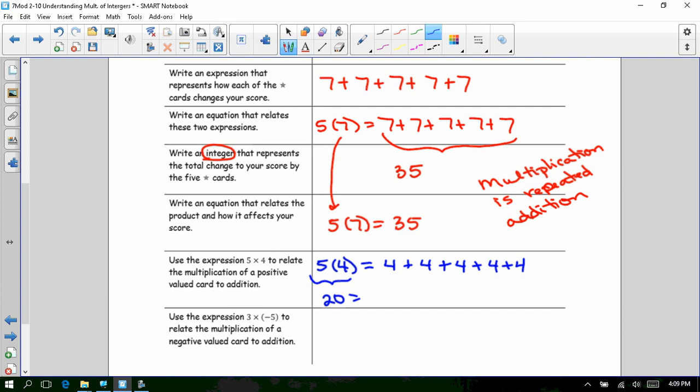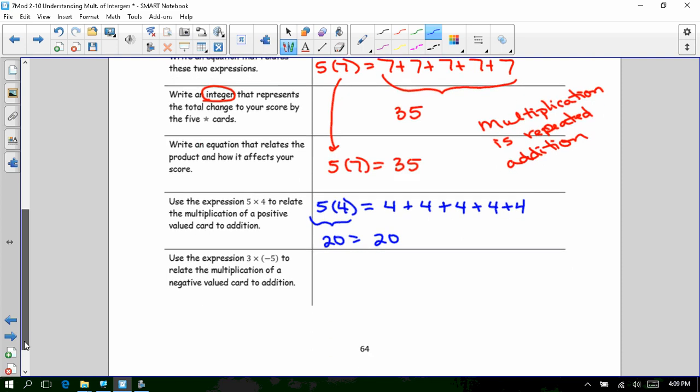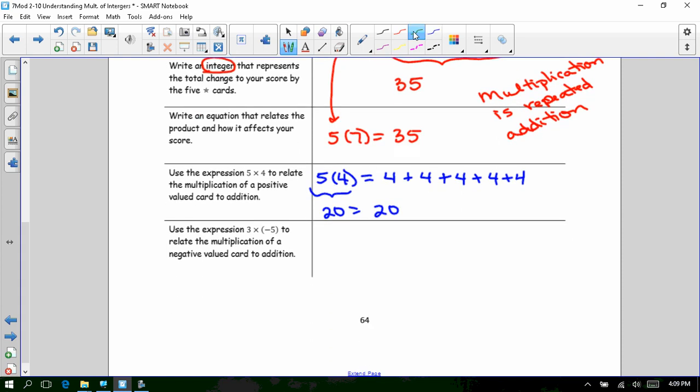And if I come over here on the right-hand side and add that up, 4 plus 4 is 8, plus 4 is 12, plus 4 is 16, plus 4 is 20, right? They do actually equal each other. Well, what if I did 3 times negative 5? Let's suppose I had 3 groups of negative 5 cards.